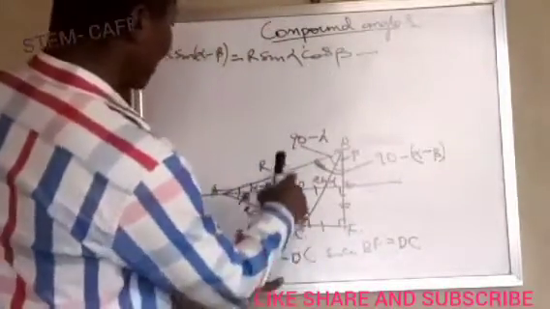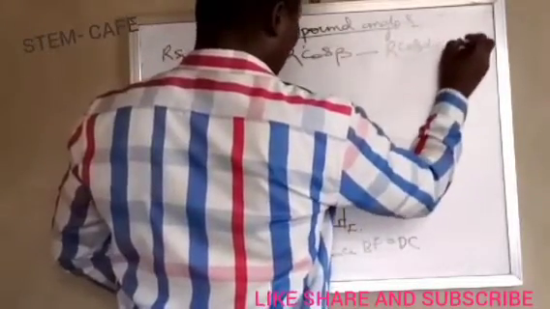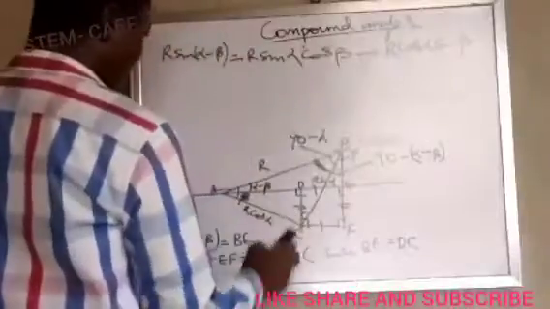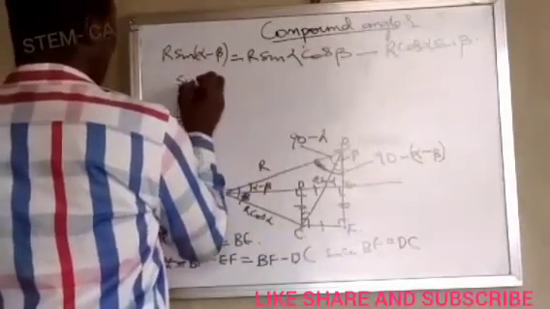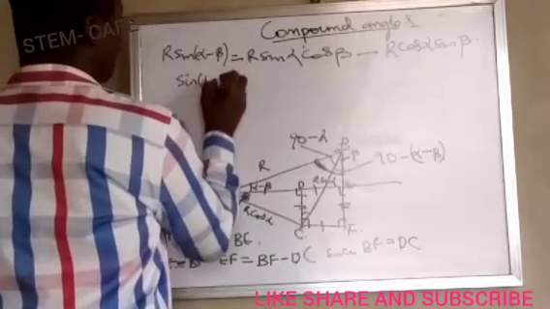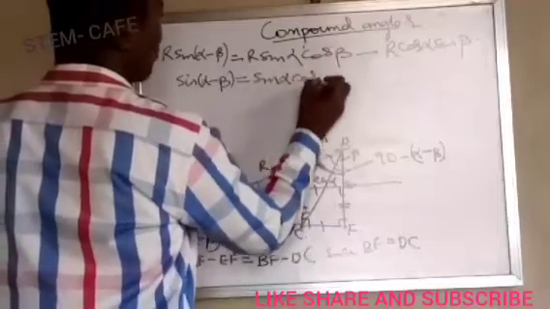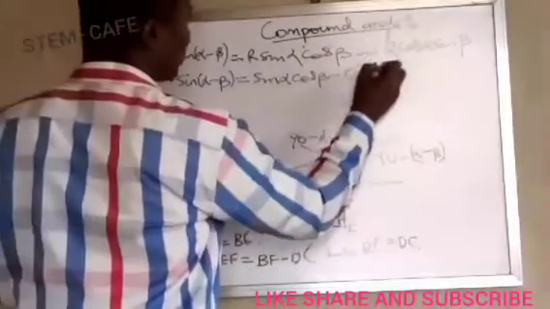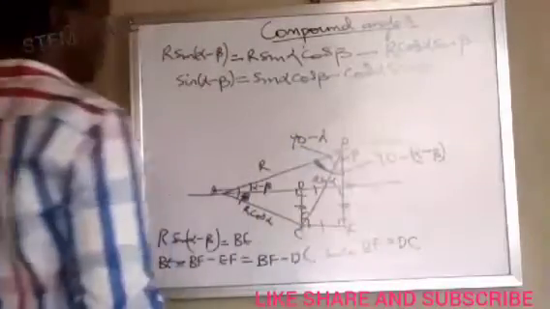R cos alpha sine beta, this side. So dividing through by R, I can say that sine alpha minus beta is equal to sine alpha cos beta minus cos alpha sine beta.